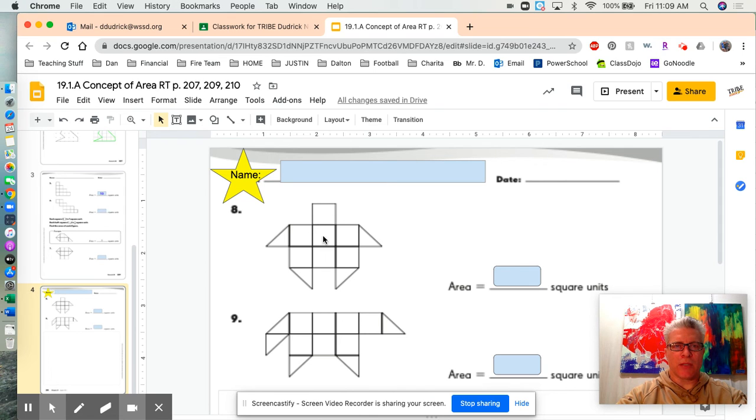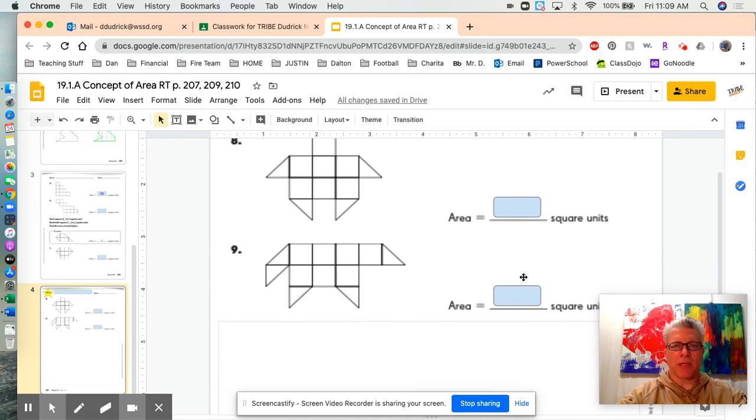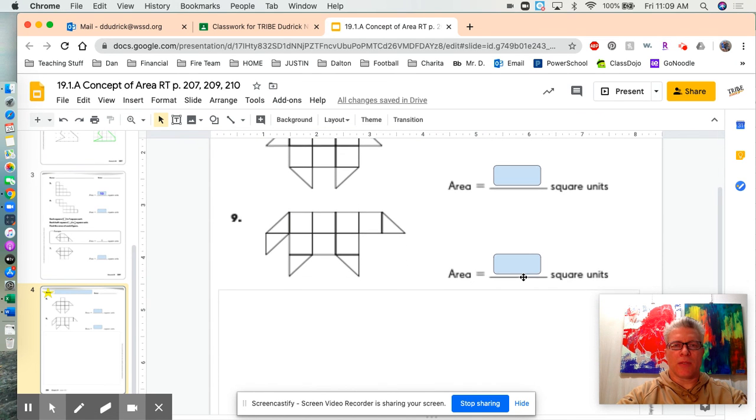So we have 1, 2, 3, 4, 5, 6, 7 and a half, 8 and a half, 9. So if you enter the correct answer here, it is typically going to be an indicator that you understand the idea.